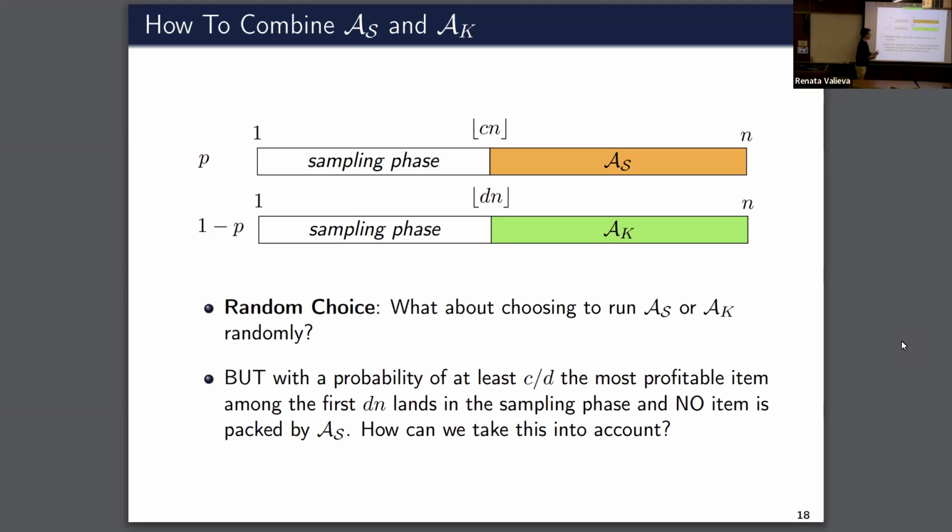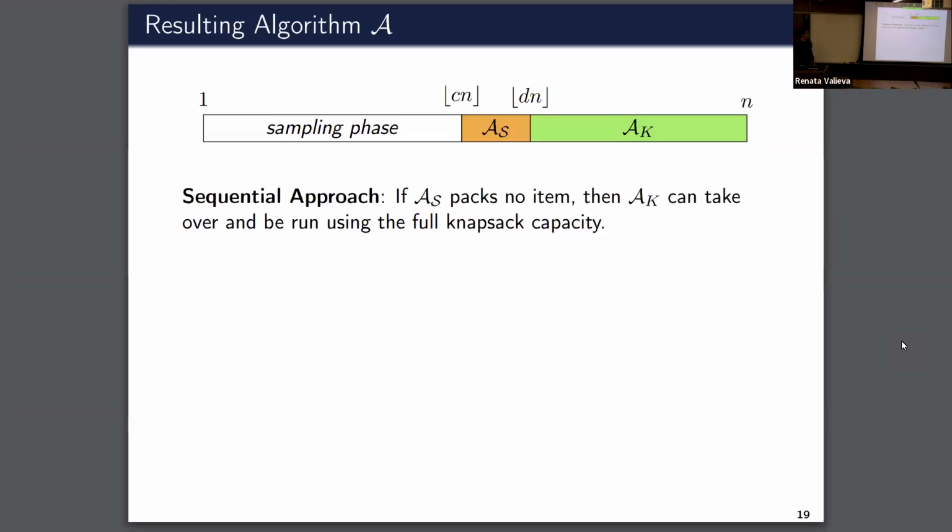So we exploit this to say that with probability C over D, AK can start after the secretary algorithm with an empty knapsack. This quite nice sequential approach is possible because with some constant probability, AS is not packing anything. And yet we can then merge the contribution from both algorithms.